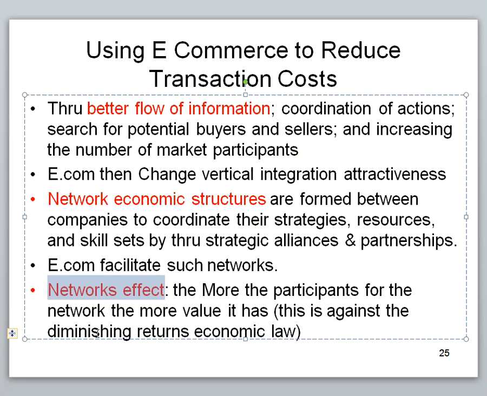This is against the diminishing returns economic law. You had in our course in year one, principles of economics, what is called diminishing returns. It's a law that whenever you increase some production resource, the return decreases.